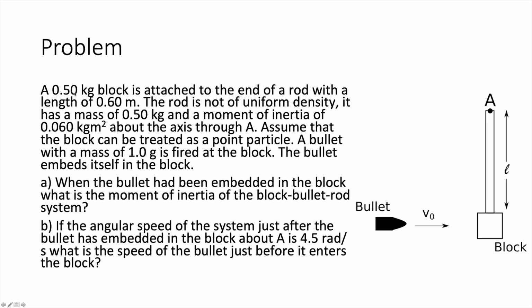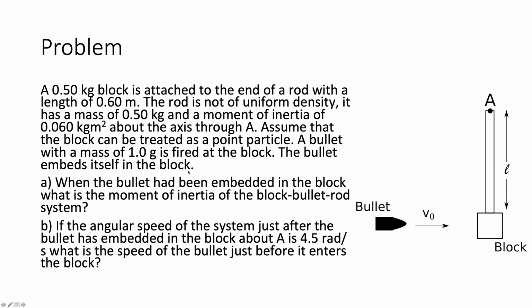And another problem. A 0.5 kilogram block is attached to the end of a rod with a length of 0.6 meters. The rod is not of uniform density. It has a mass of 0.5 kilograms and a moment of inertia of 0.060 kilogram meter squared about the axis through A. Assume that the block can be treated as a point particle. A bullet with a mass of 1 gram is fired at the block.